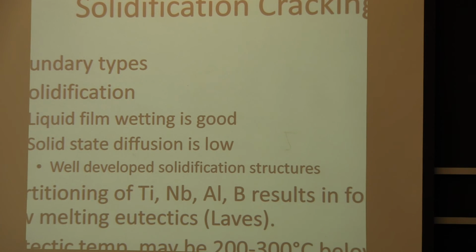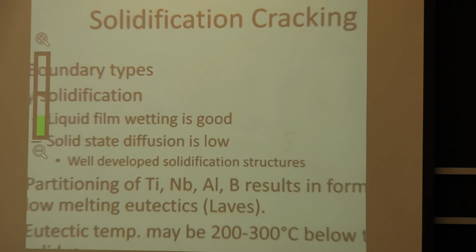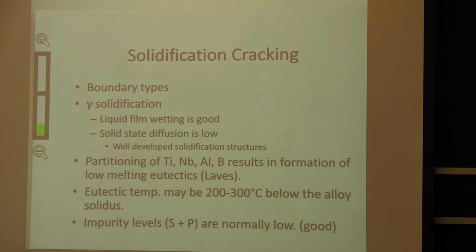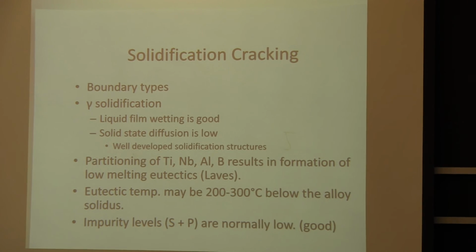And we've also talked about the partitioning of the impurity elements. The titanium and the niobium and the aluminum. Actually, those aren't the impurities, those are just the alloying elements. But impurities such as sulfur and phosphorus are generally low in these alloys, which is a good thing. But if they are there, they can also lead to that low melting eutectic phase along the solidification grain boundaries.